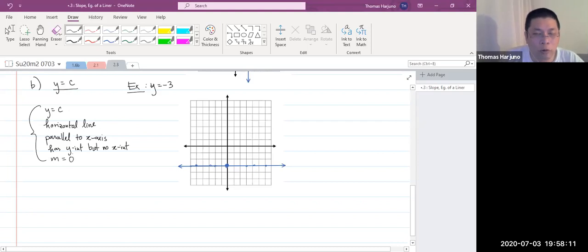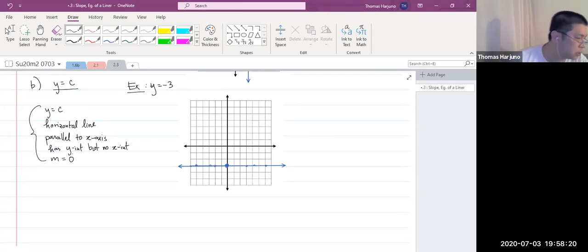You do move to the right, you do the run, but there's no rise, you don't go up, you don't go down. Okay? Then you will see that a horizontal line actually has slope 0, no increasing, no decreasing.